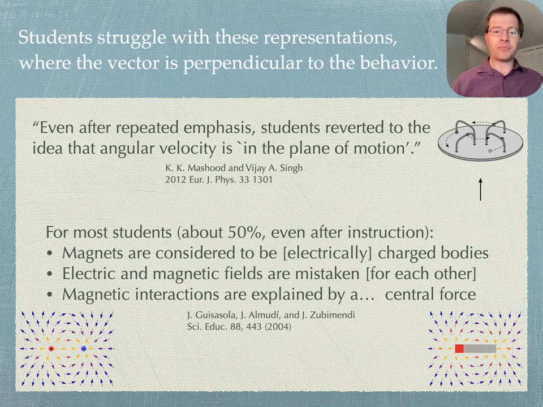Guisasola and collaborators found that about half of students, even after instruction, came away with the idea that magnets must have electrical charges because they're drawn the same way as electrical charges, that electric and magnetic fields are mistaken for each other back and forth all the time, and that magnetic interactions are explained by some central force, that the force on a charged particle would go away from a north pole instead of perpendicular to away. It's complicated. Students struggle with this. So all of this is hard.